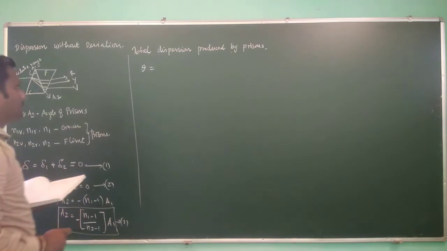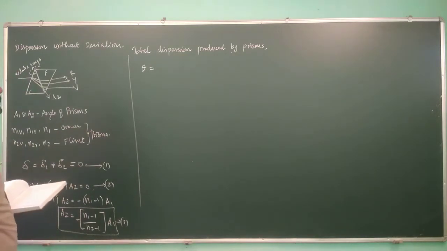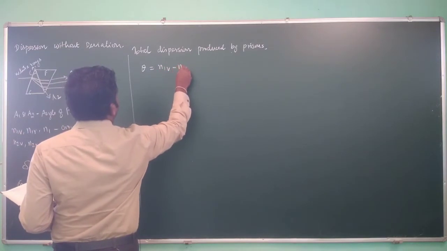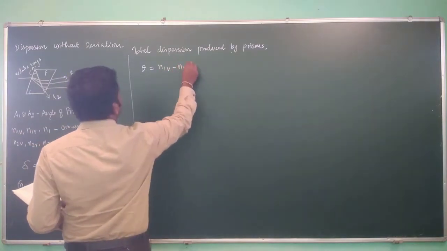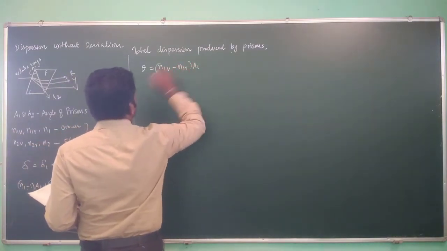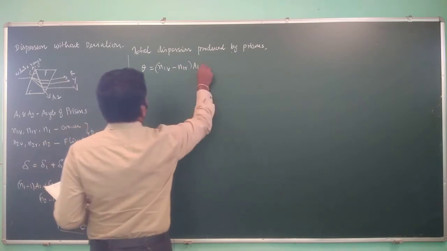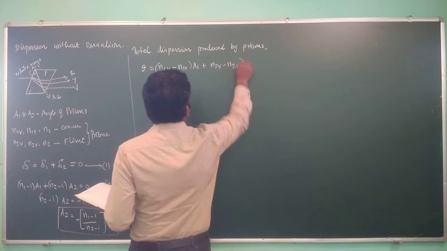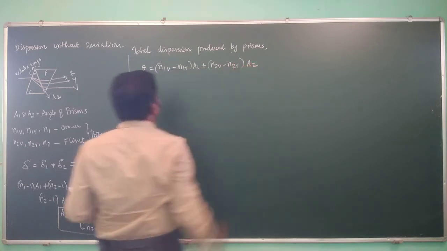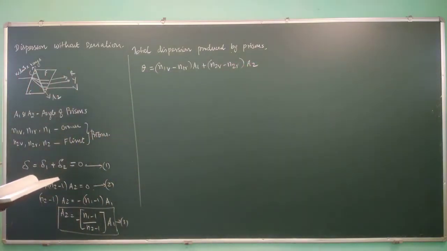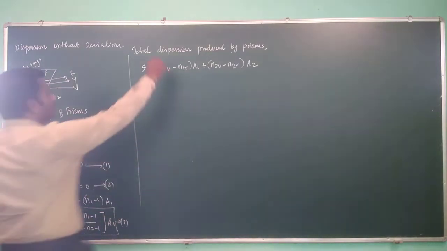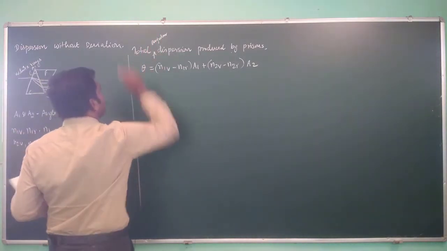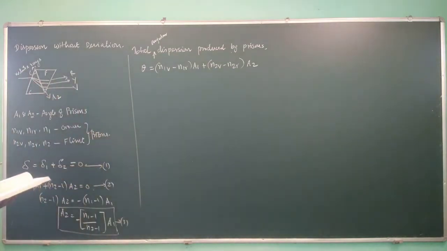That is the total angular dispersion, which is nothing but the summation of n1v minus n1r into a1, the angular dispersion of crown, and n2v minus n2r into a2, the angular dispersion of flint. The sum of these two is equal to the total angular dispersion produced by these prisms.